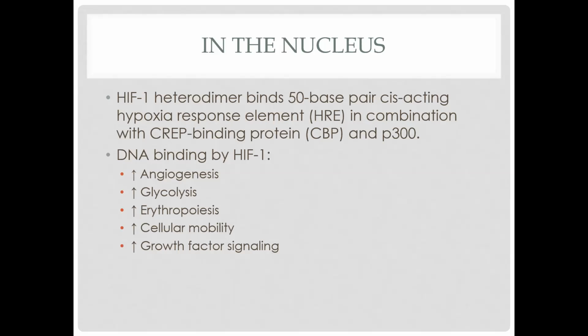So the target genes are genes for angiogenesis, that is, the making of new blood vessels, glycolysis, erythropoiesis, or the synthesis of new red blood cells, cellular motility, and growth factor signaling. All those genes are upregulated by HIF-1.